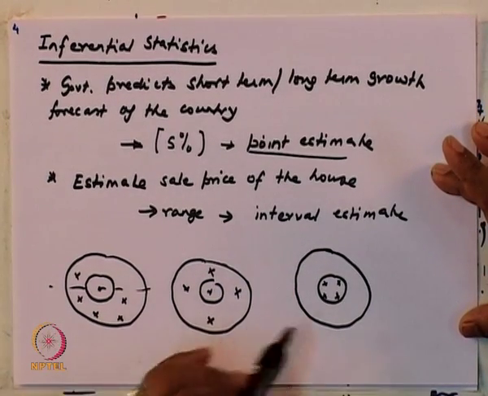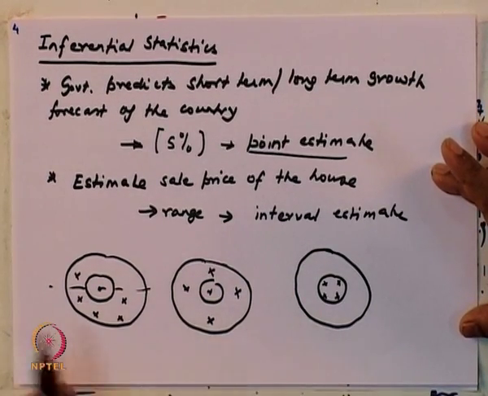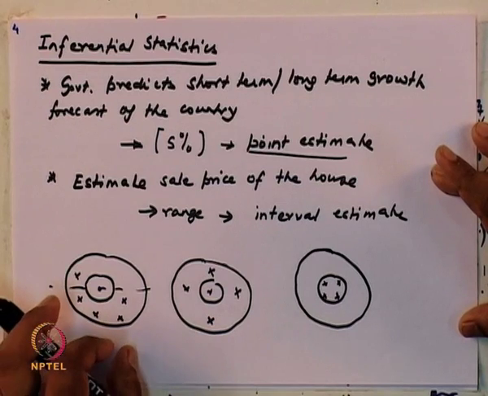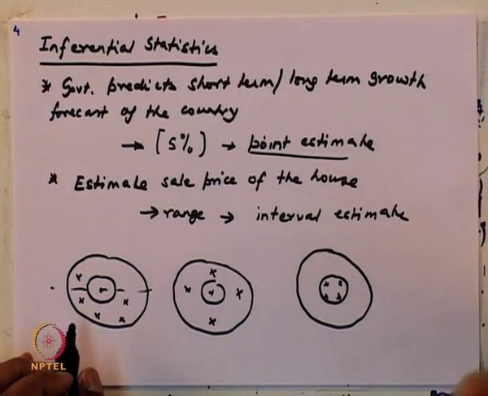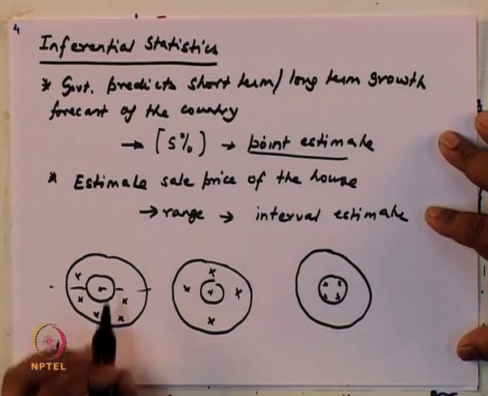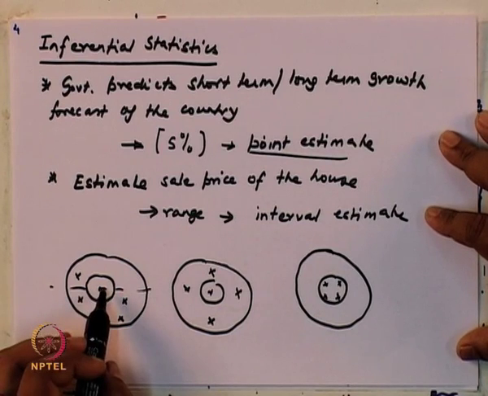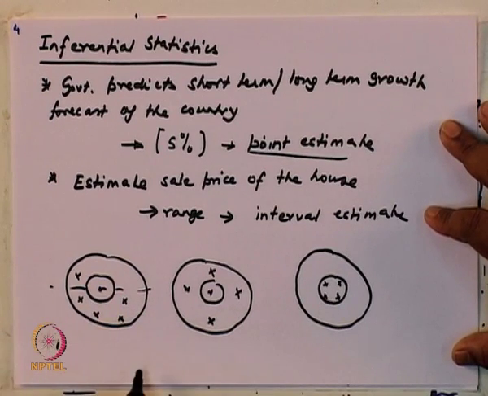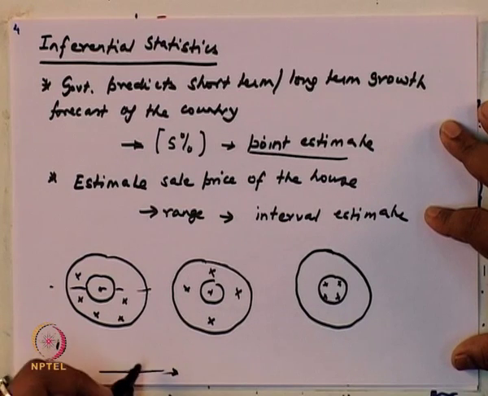So how do we discriminate between these three cases? What is chosen when you want to come up with a point estimate? What should be your yardsticks? Number one, if this is the true value of the parameter that you are trying to estimate, you want an estimator which is unbiased.